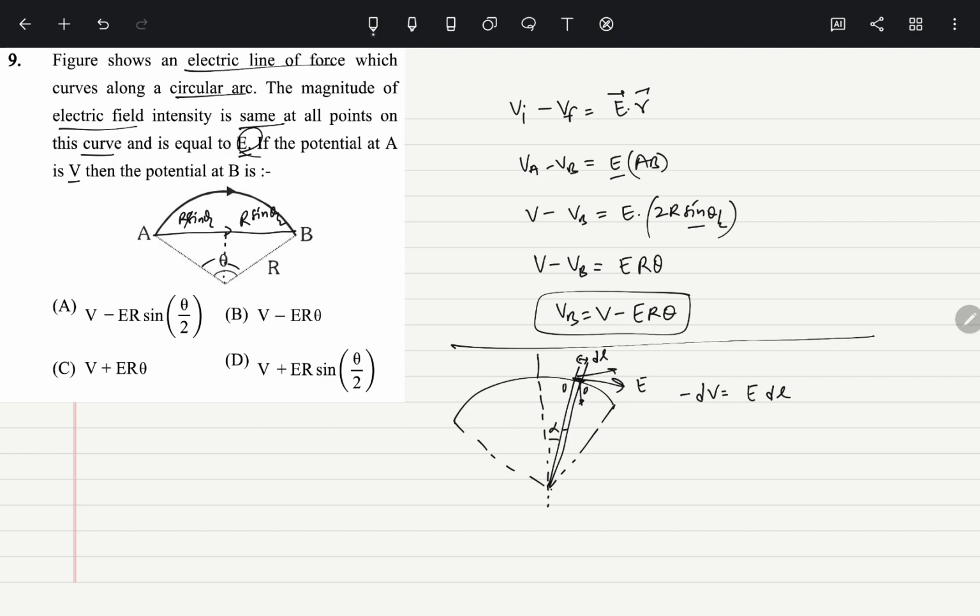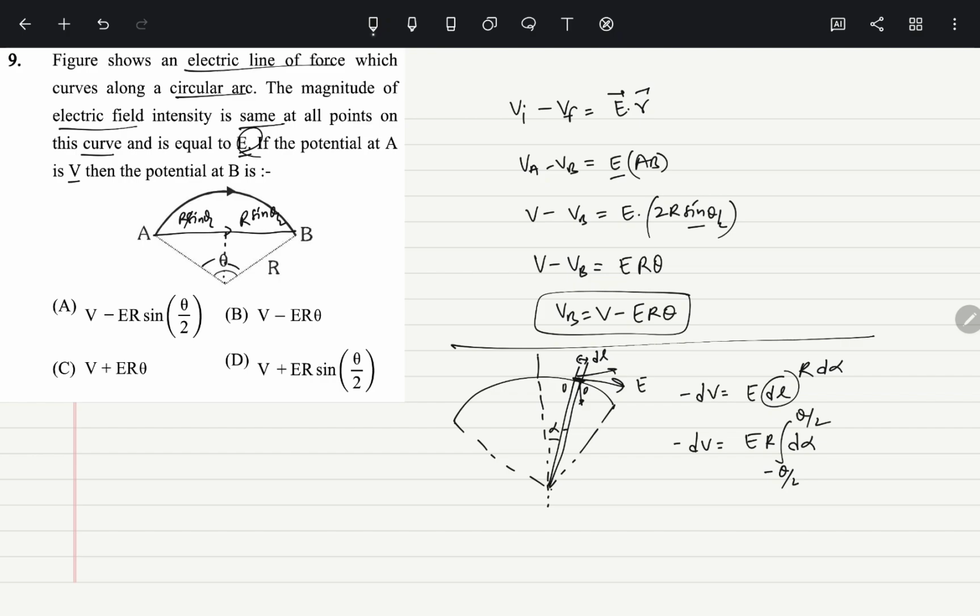So E dl, and dl can be written as R d alpha. So minus dV is equal to E R d alpha. And what is the limit of alpha? It is minus theta by 2 to plus theta by 2.